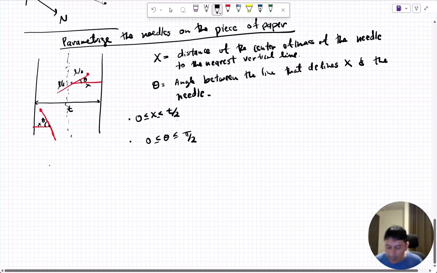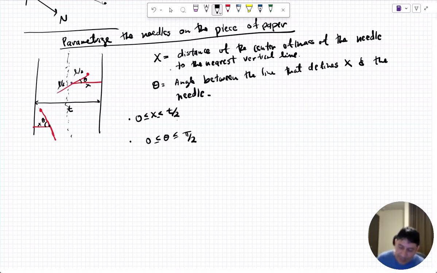So let's draw a scenario. Remember how we define x and the line that defines x. So if the needle falls, let's say, like this, and the center of mass is to the right, here's x.